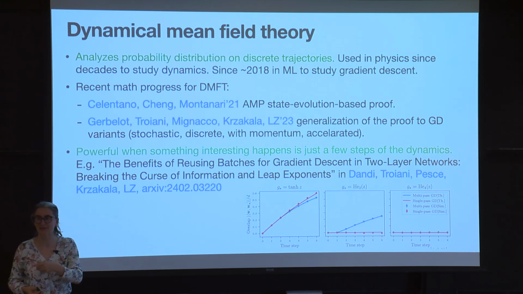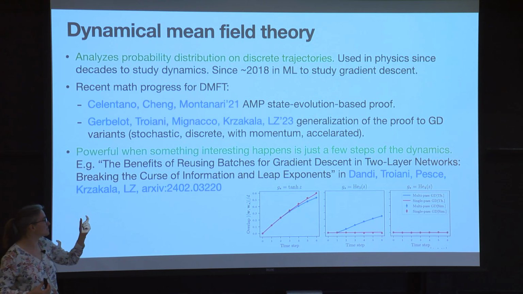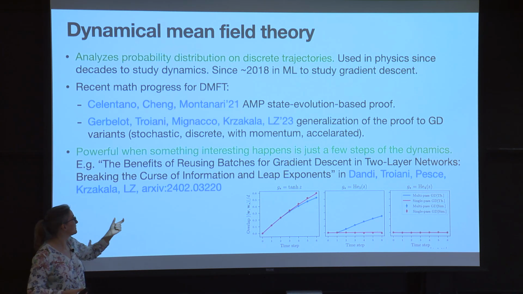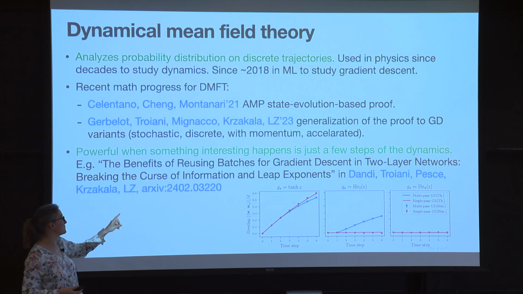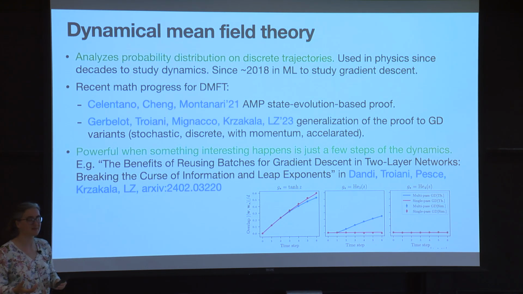And I was talking earlier today with Elhanan's group about, for instance, this paper where we just need to look at two steps. This is just a comment for those of you who actually know about these papers about information exponents and leap exponents and the staircase property.